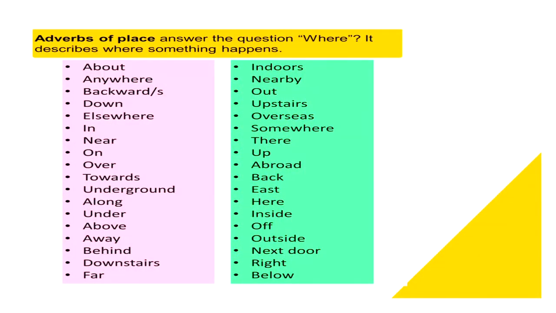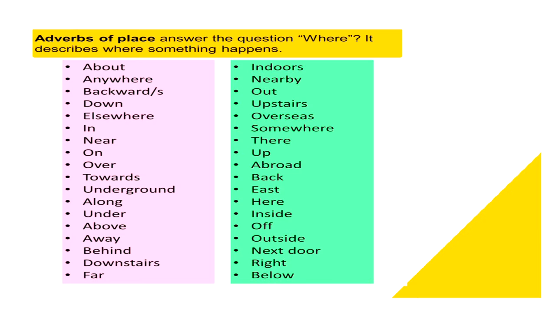Okay, the next category of adverbs is adverb of place. This answers the question where. It describes where something is happening, like about, anywhere, backward, down, elsewhere, in, near, on, over, towards, underground, along, under, above, away, behind, downstairs, far, and so on and so forth.